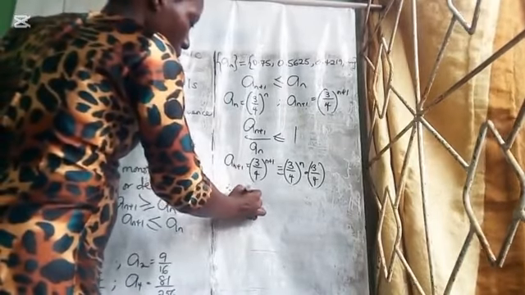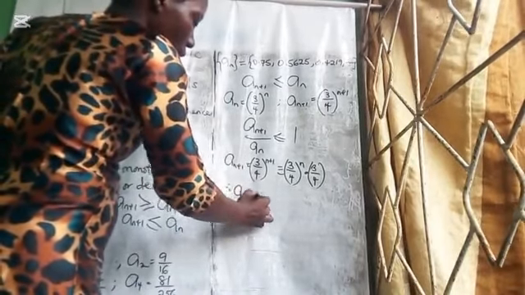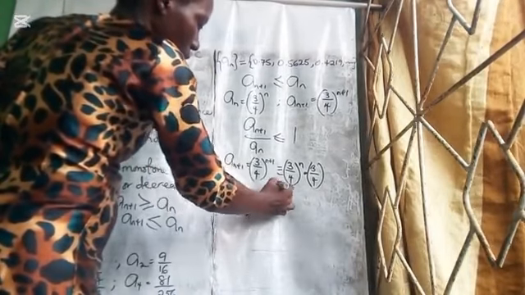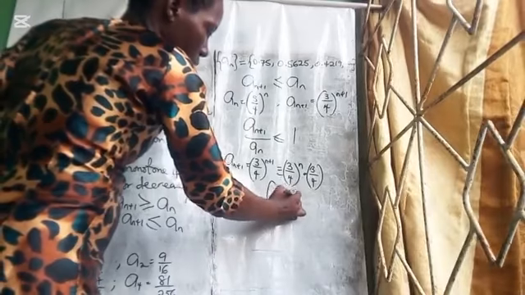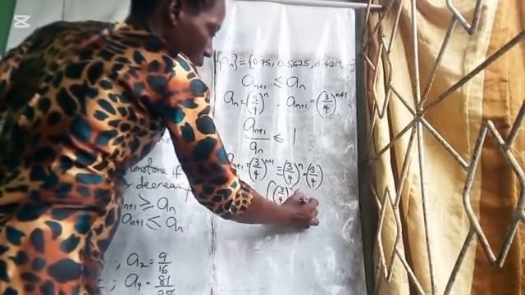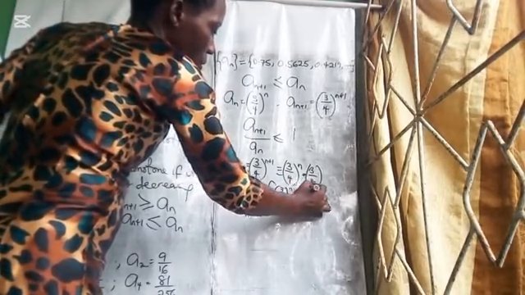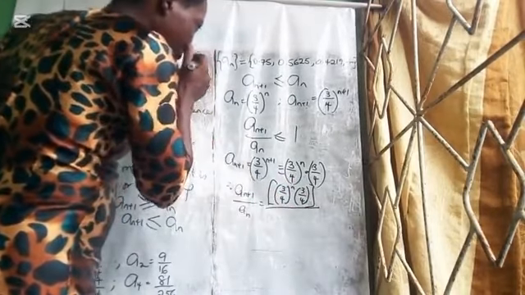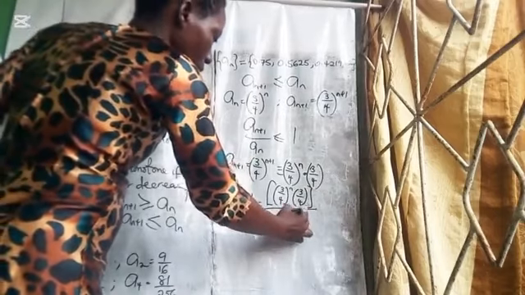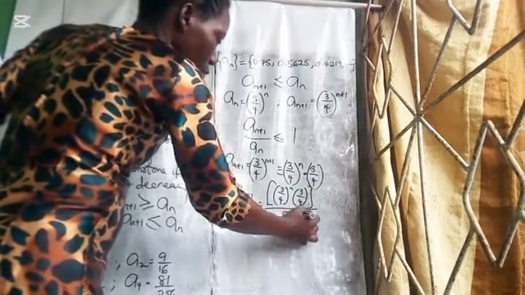Therefore, a sub n plus 1 over a sub n will be 3/4 to power n into 3/4, divided by what? Our a sub n, which is 3/4 to power n.